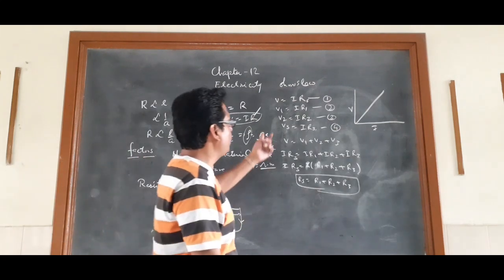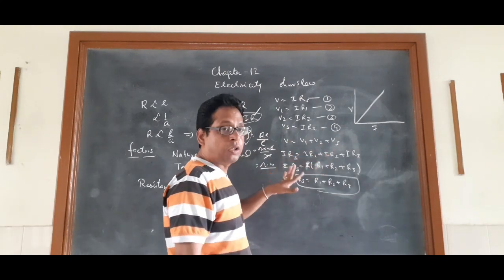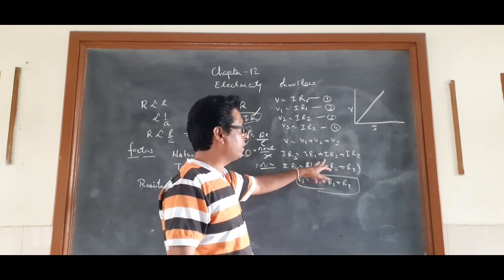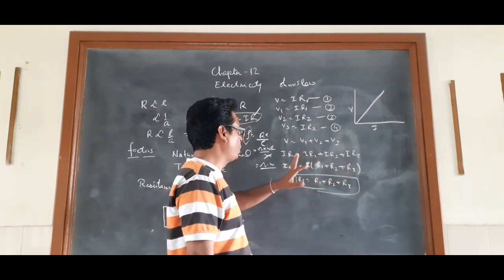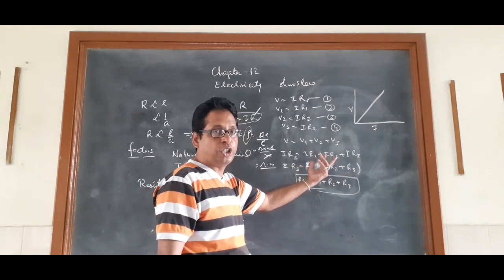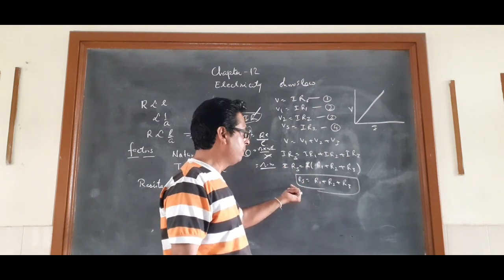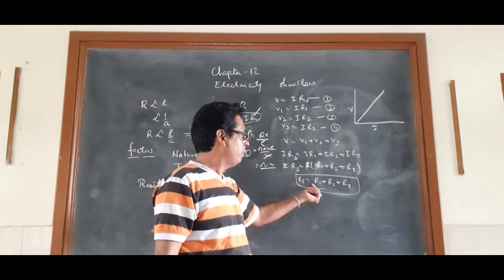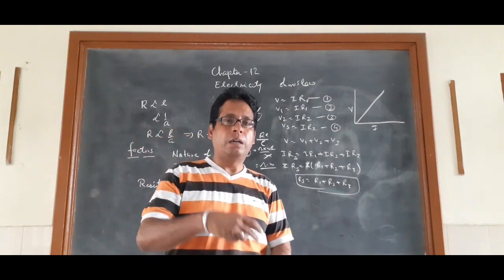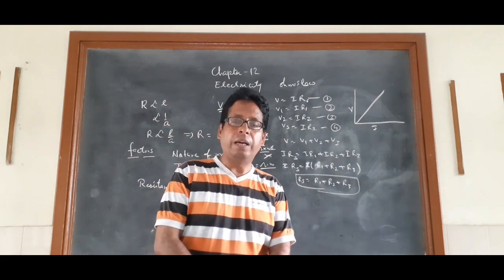Putting the values, we get I into Rs equal to I into R1 plus I into R2 plus I into R3. Take I common and it cancels out. What we are left with is Rs equal to R1 plus R2 plus R3, which is the equivalent resistance when they are connected in series.